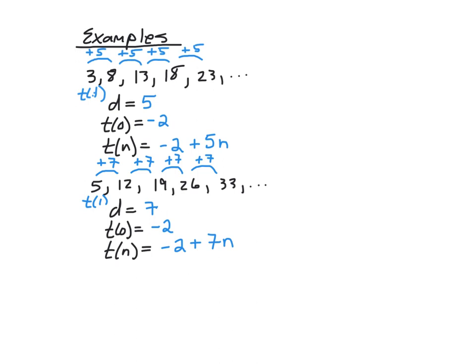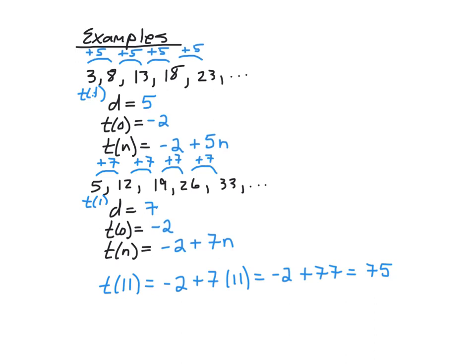For example, let's say I wanted to know what T of 11 is. I simply plug in n equals 11 into this equation, and I end up with negative 2 plus 77, so I find that the 11th term is the number 75.